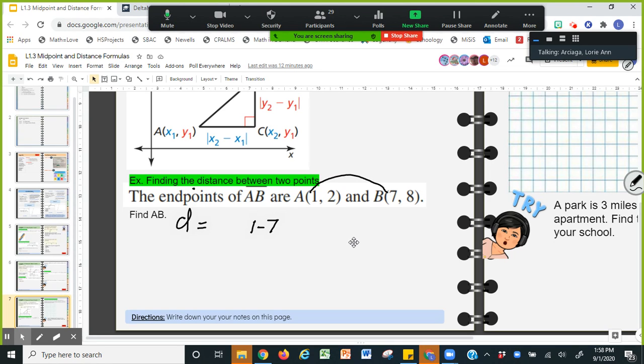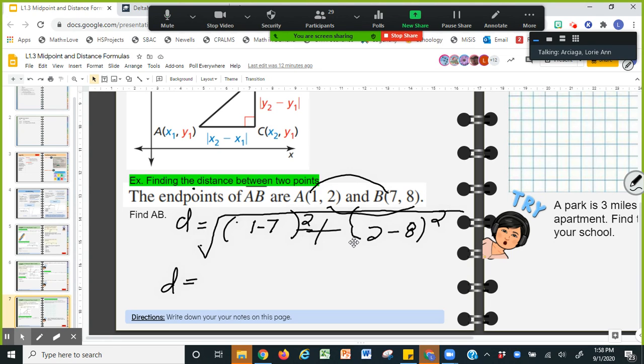You're going to match them up. That's the x numbers, that's the y numbers. So 1 minus 7, you have to square it, plus, instead of minus. Then you go 2 minus 8 squared. Okay. And then you have to get the square root of all of that.